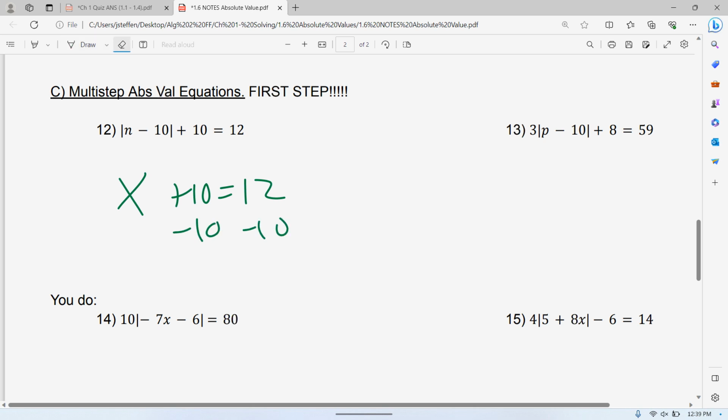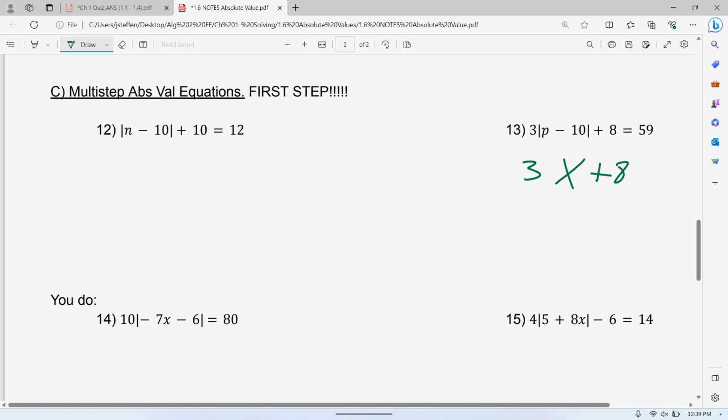You're getting that absolute value all by itself first, then you can get the two equations and solve. Same thing with this 13 over here. It's almost the same as 3x plus 8, where you subtract 8 and then divide by 3. You have to do both of those before you get inside your absolute value, before you make your two equations. That's one of the biggest mistakes. Right away, people put positive 12 and negative 12, and you have to get that absolute value by itself first.